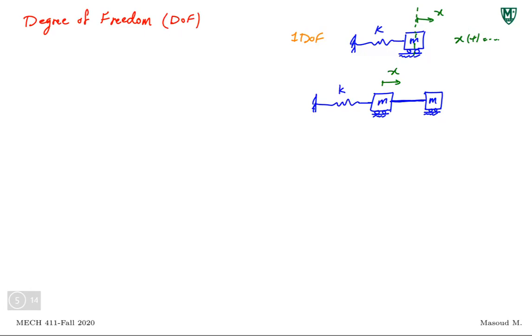Do I need to know more, or that's enough? How can you approach this? You can hold one mass, that's a rule of thumb, and see if you can move the other one. Can we do that here?